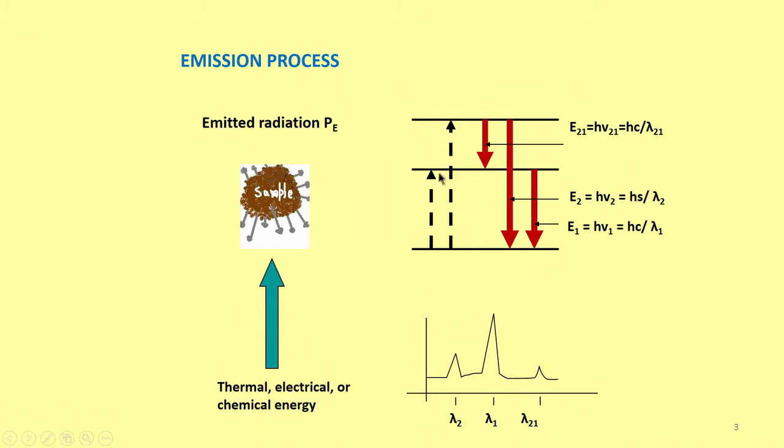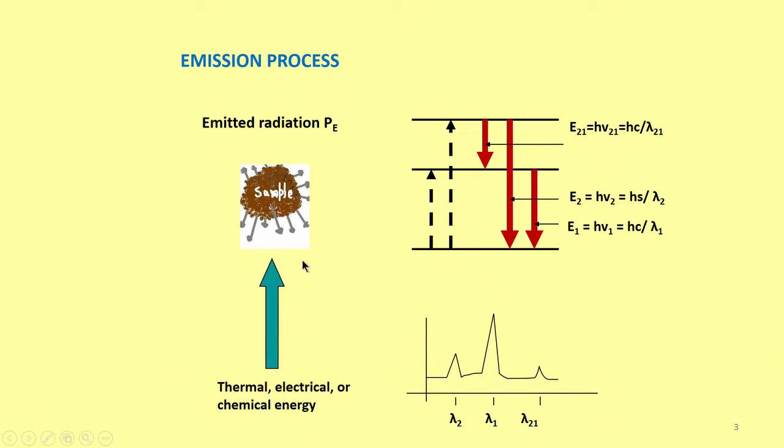This is the pictorial representation of the emission process. What we have is a sample subjected to electromagnetic radiation. The electron goes to the next higher energy level, and then after some time, due to several reasons, intermolecular collision etc., the excited electron comes back to the ground state with the emission of the corresponding wavelength.